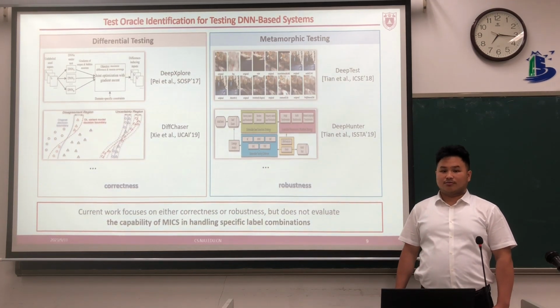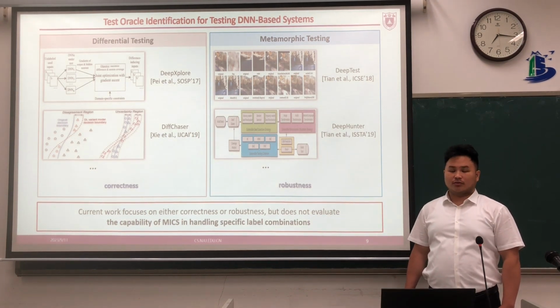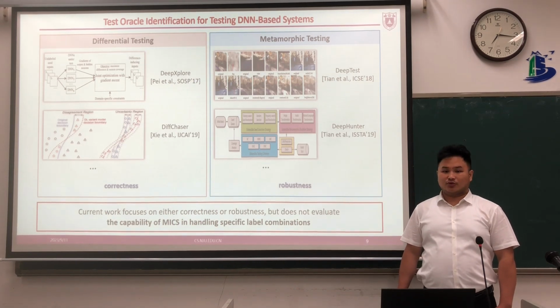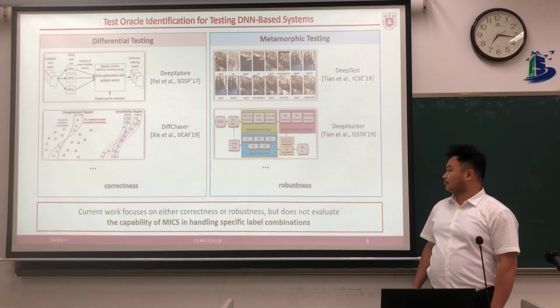For reducing manual efforts for checking test outputs, differential testing and metamorphic testing are widely used. However, they focus on the correctness or robustness. They don't consider the capability of MSS in handling different label combinations.